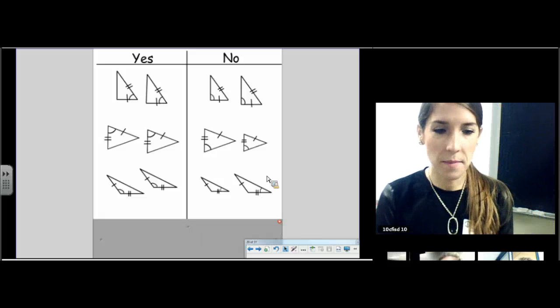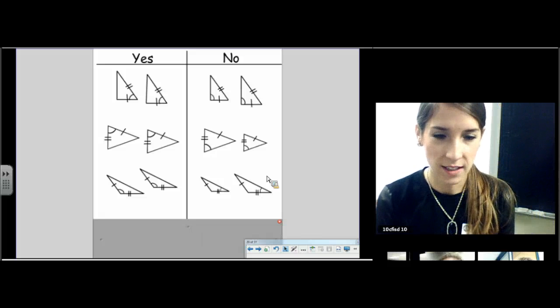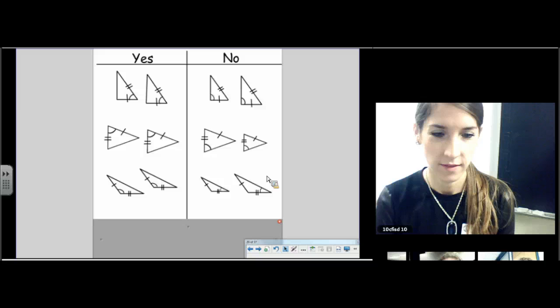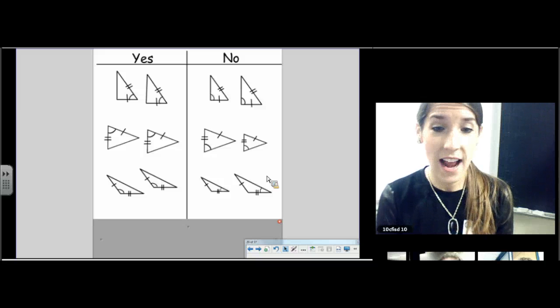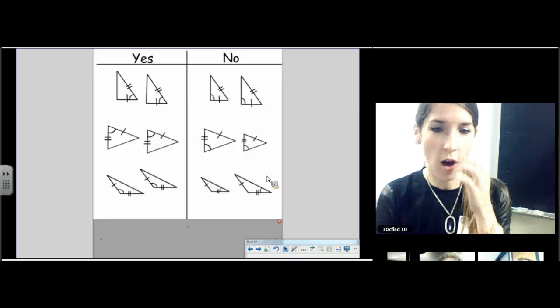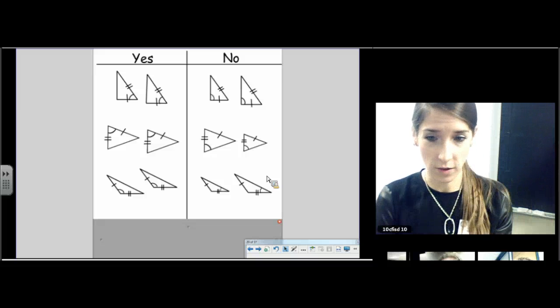So is everyone making hypotheses of why the yeses are yeses and why the nos are nos? Sizes. No, it actually has nothing to do with the sizes, although I did make the no column on purpose not congruent.